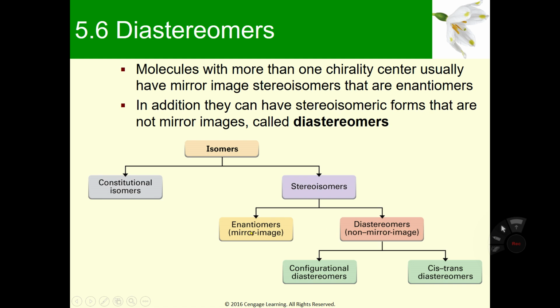One is enantiomers with a mirror image, and the other is diastereomers with non-mirror images. Most of the diastereomers with chiral centers belong to configurational diastereomers, but some stereoisomers without chiral centers are the cis-trans isomers.